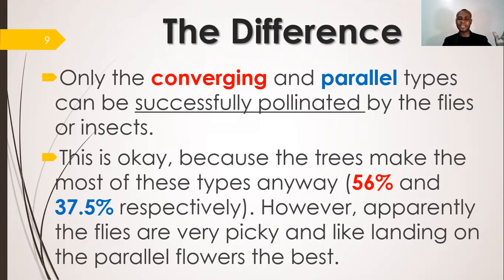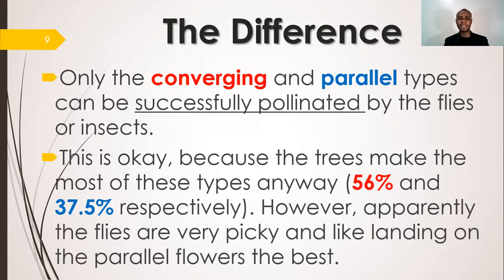So what we are saying here is that about 56% and 37% of the flowers are convergent and parallel. So convergent flowers are about 56%, and then the parallel flowers constitute about 37% of the flowers.